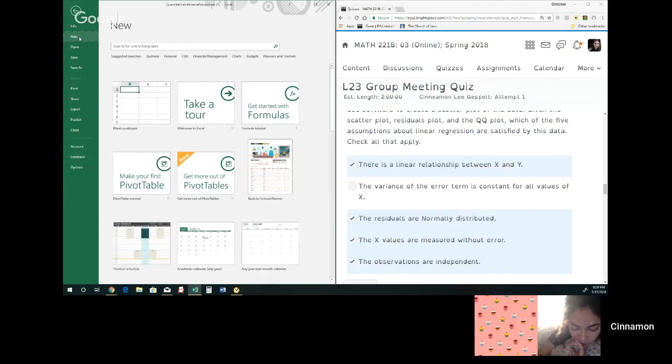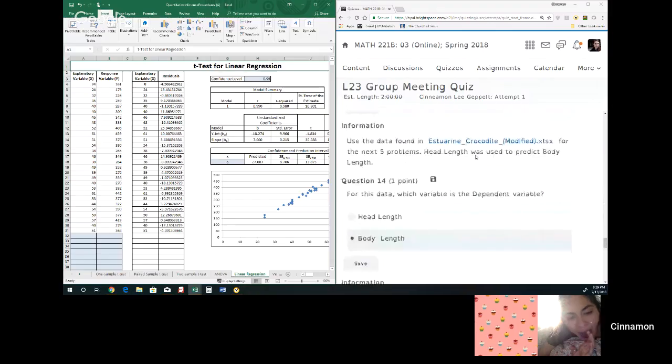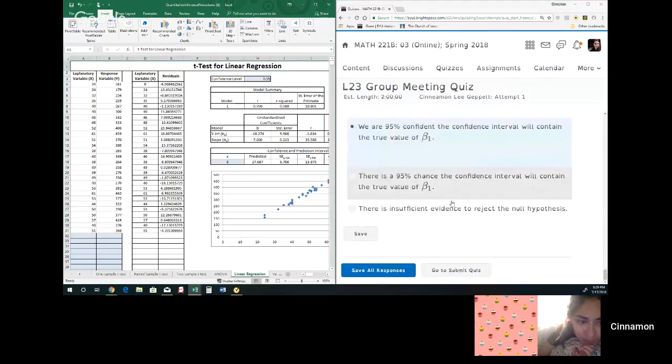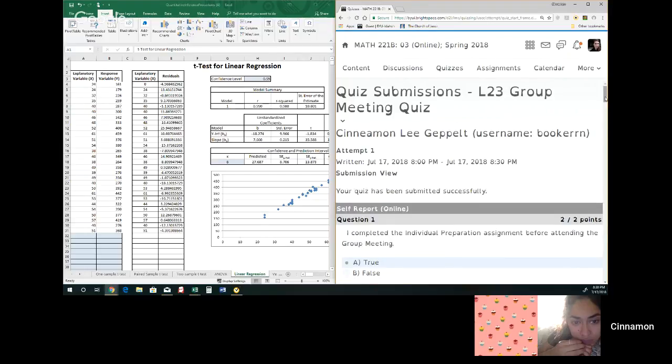We can save it if we need to. I'll submit it and see what we got.